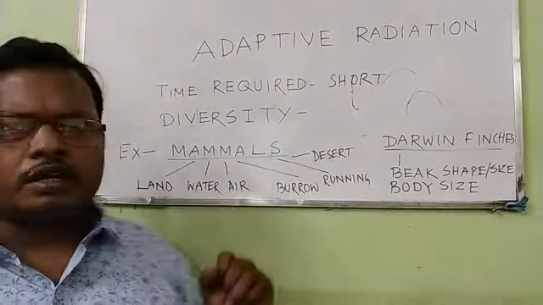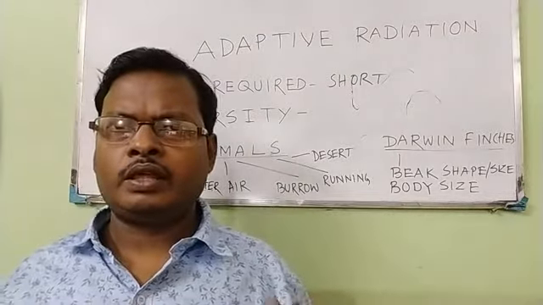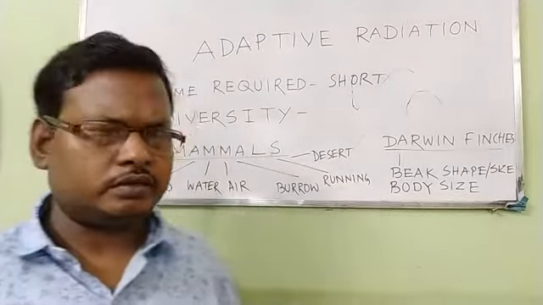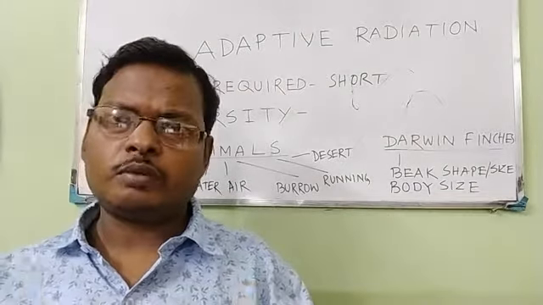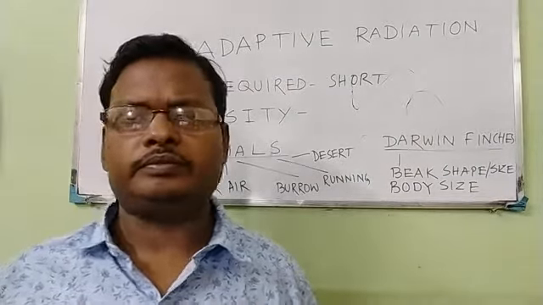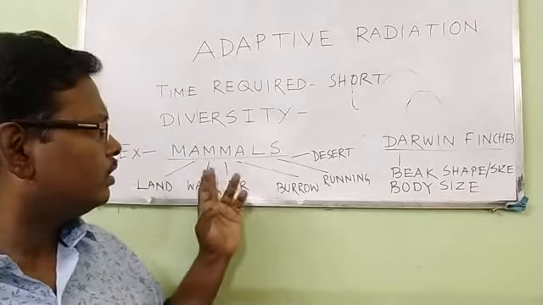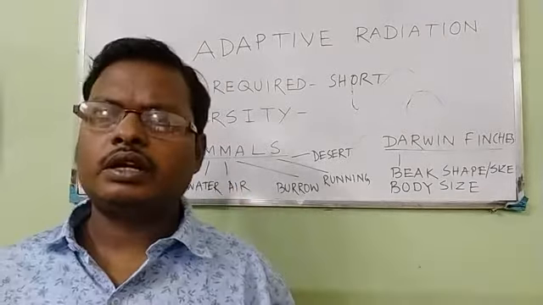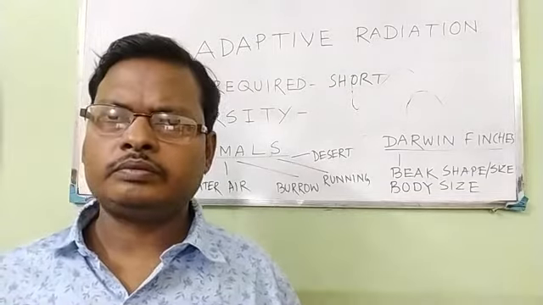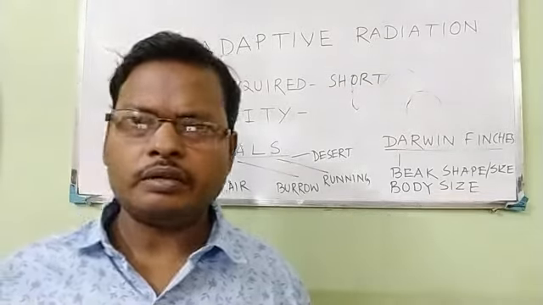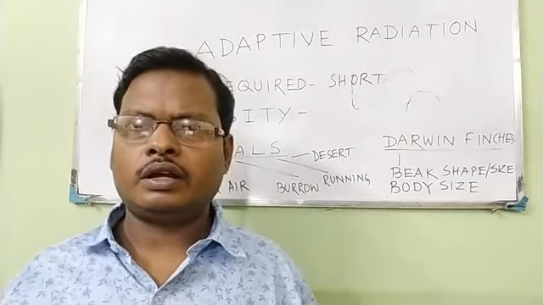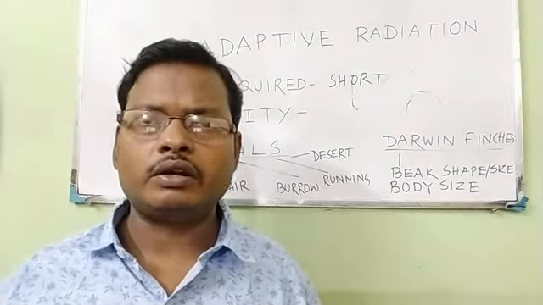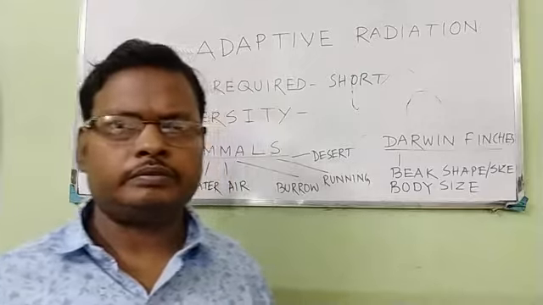If we consider mammalian adaptive radiation, this will be clear. The reason for adaptive radiation will be clear. Mammals originated during the late Mesozoic era, when the terrible lizards or dinosaurs dominated.